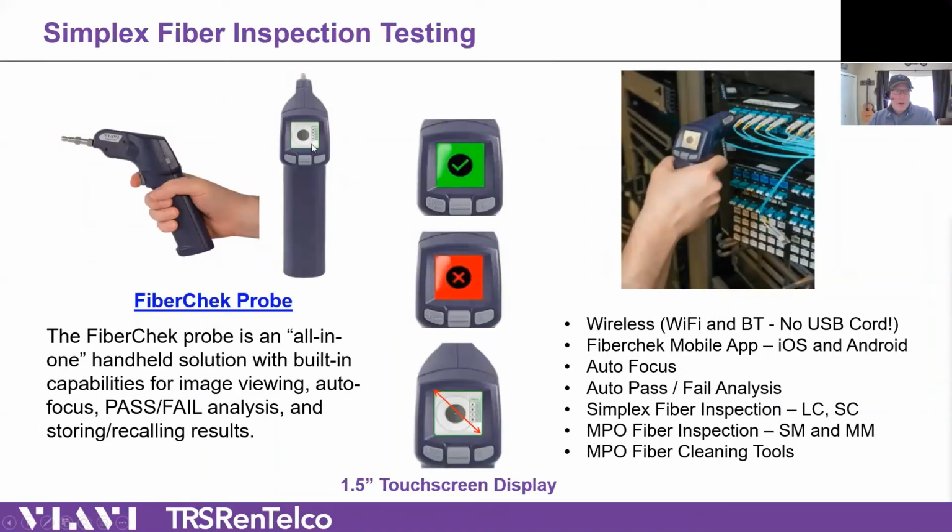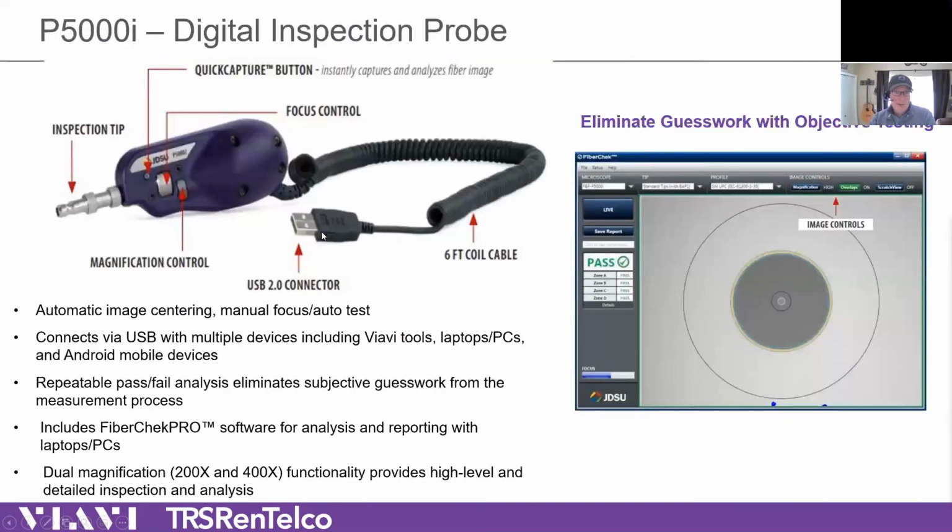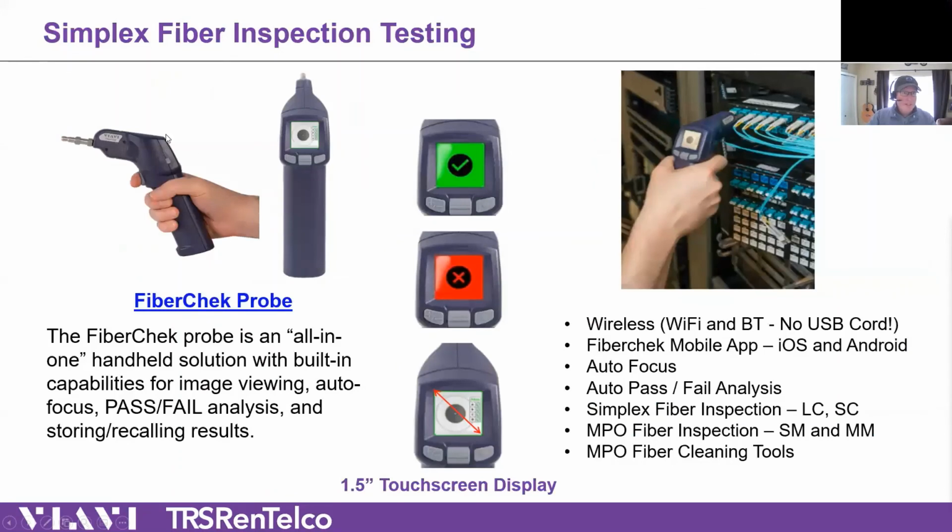We also do, in our case, the fiber check probe, which takes the software out relative. This unit is USB to a test set or an Android phone or a PC. It's great, but you need a device, right? This unit is self-contained.